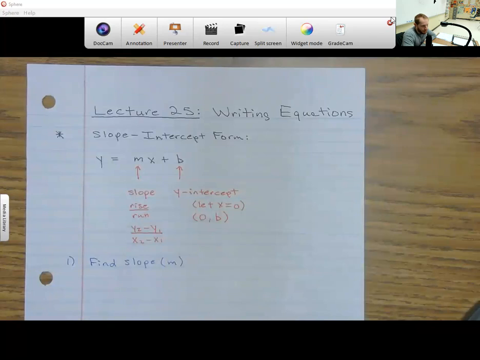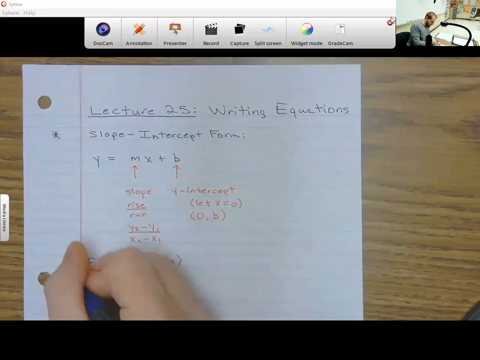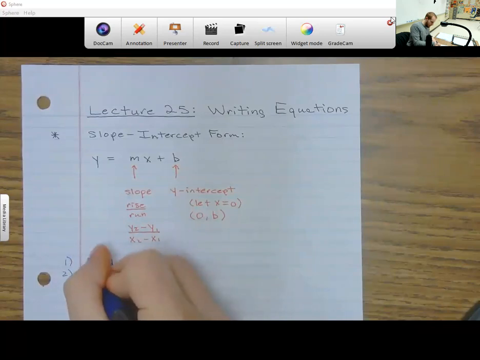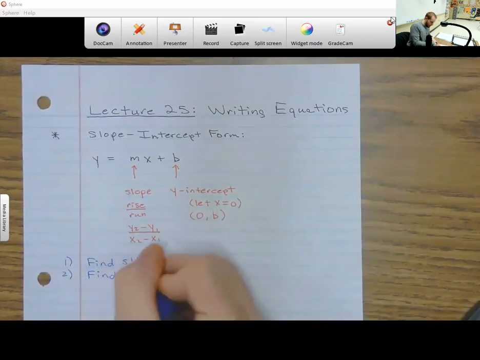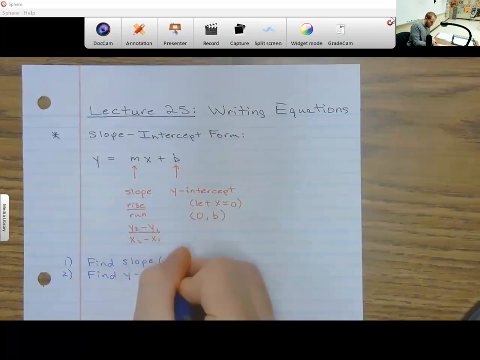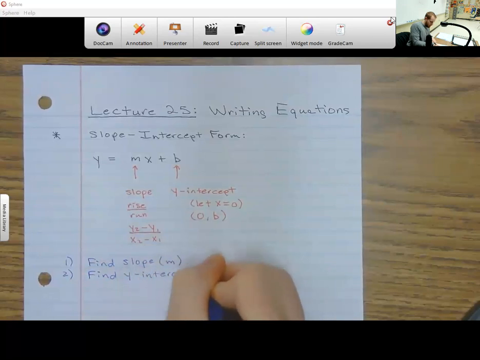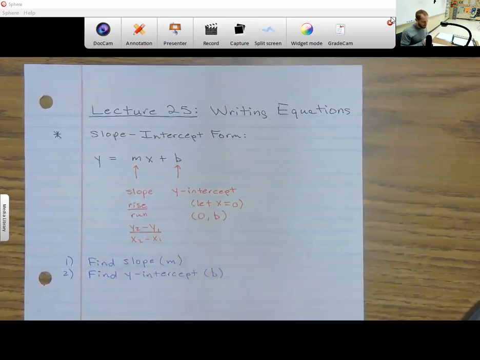And then the second thing we're going to do is find the y-intercept. We're going to find where the graph crosses the y-axis. That is called the y-intercept.